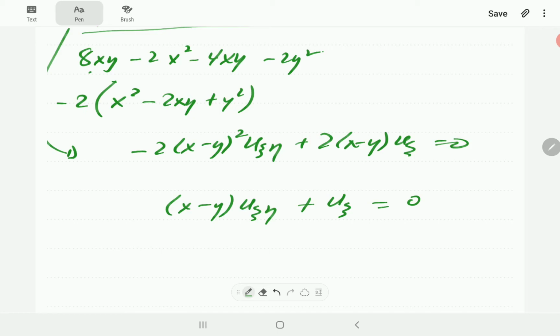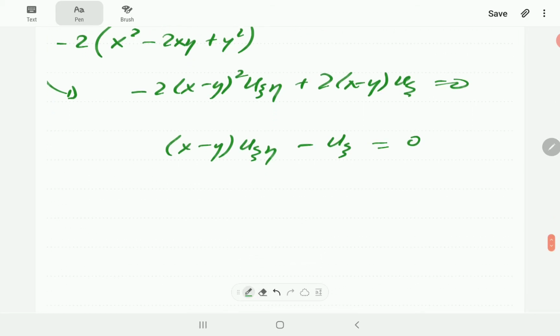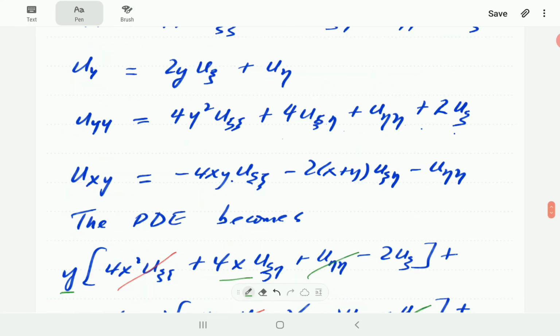Now, typically our canonical form, we need it in terms of the canonical variables. So we've got to ask ourselves the question, what is x minus y? Sorry, just one moment. This has got to be negative here. Okay, so we've got to ask ourselves, what is x minus y in terms of xi and eta?